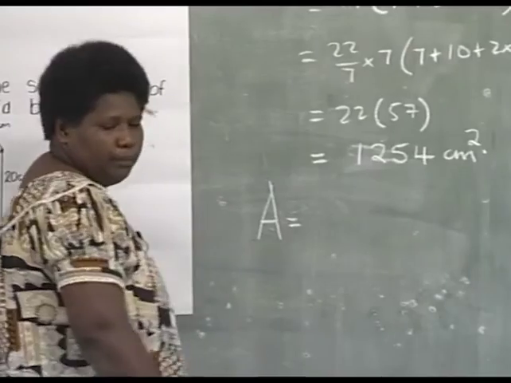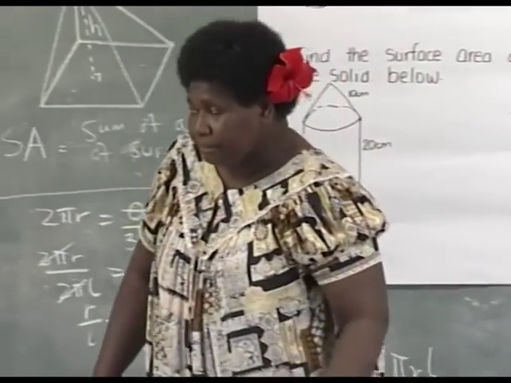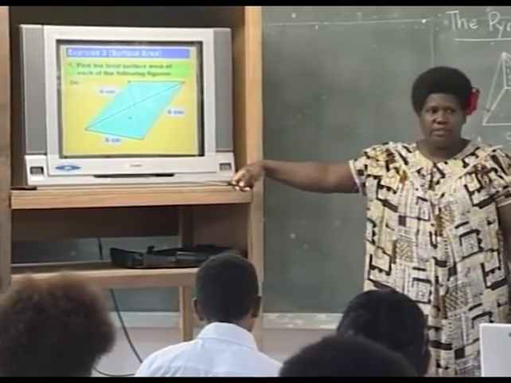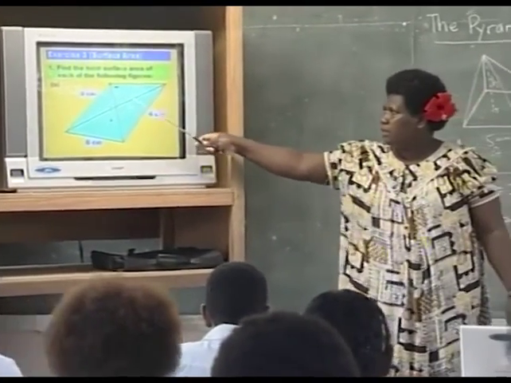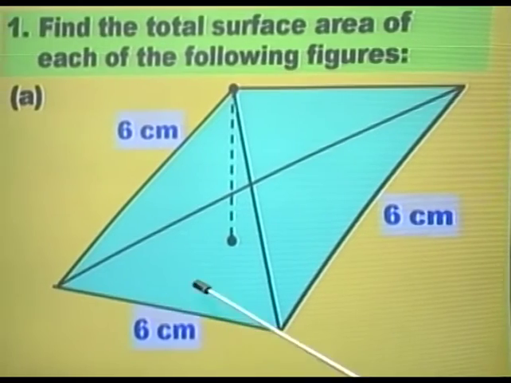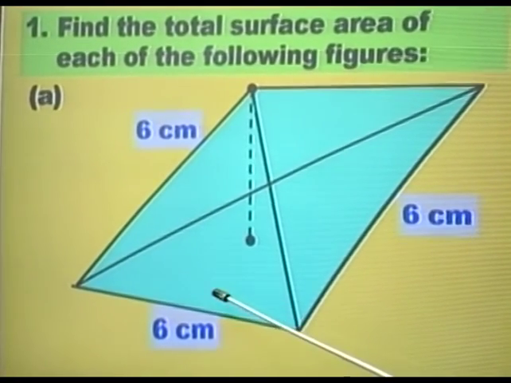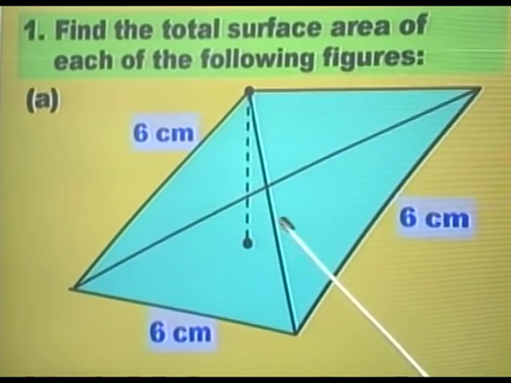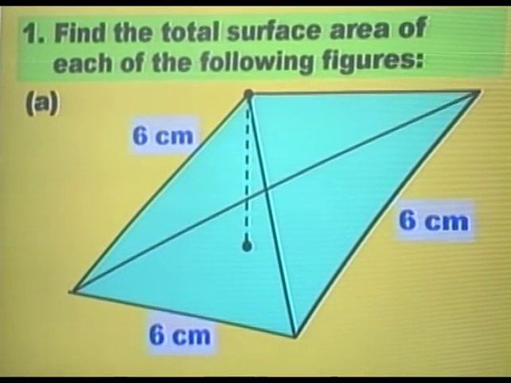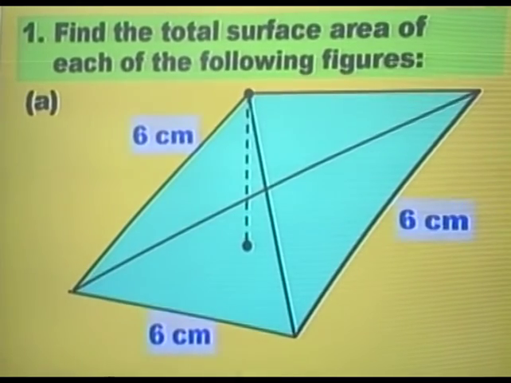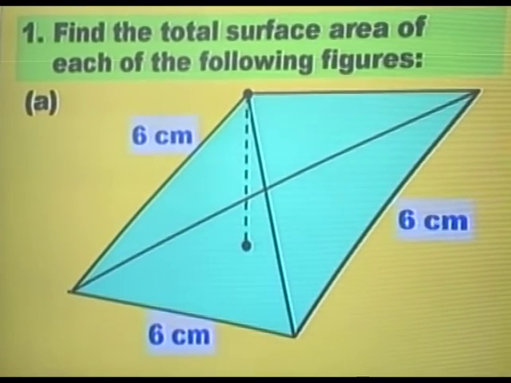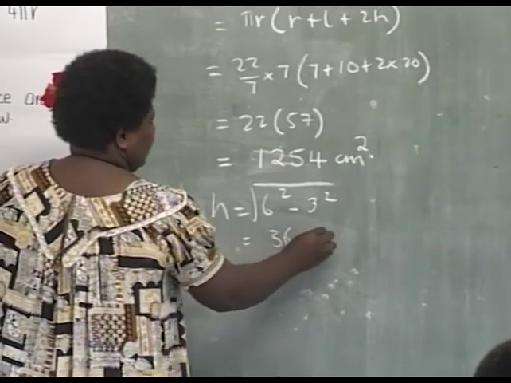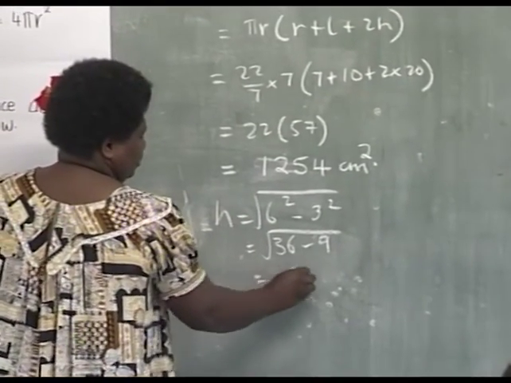So area is equal to, first, because they are not right angle triangles, you need to find the perpendicular height for each of the faces, which is exactly the same. In an equilateral triangle, this should be 3 and 3. The other side is 6. So to find the height, you will get the square root of 6 squared minus 3 squared, which is 36 minus 9, equal to 27.